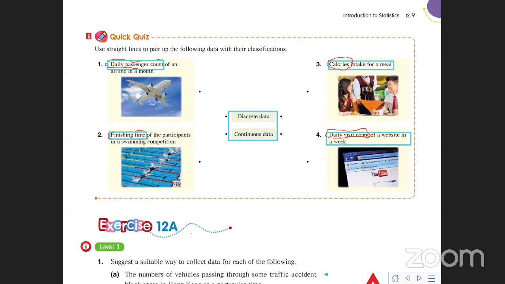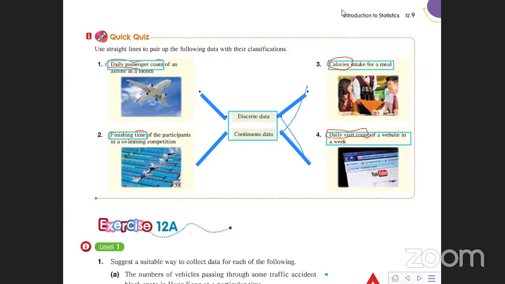And then the others can look at what your classmate has done and see whether you agree with it. Let me see. Daily passenger counts. This one we do by counting, right?